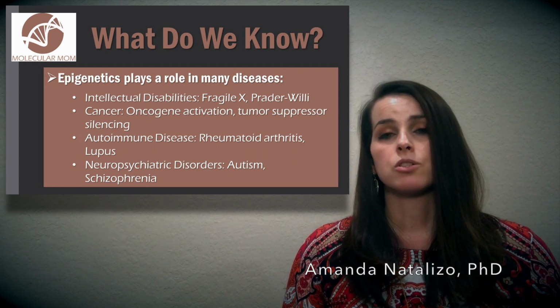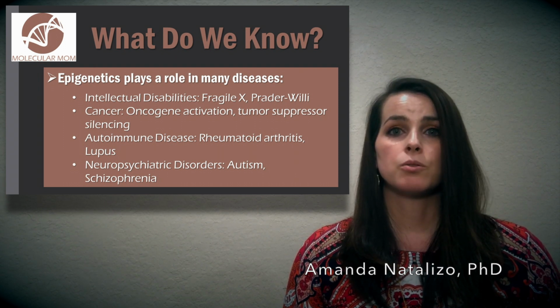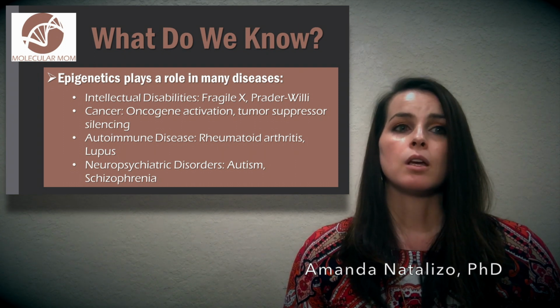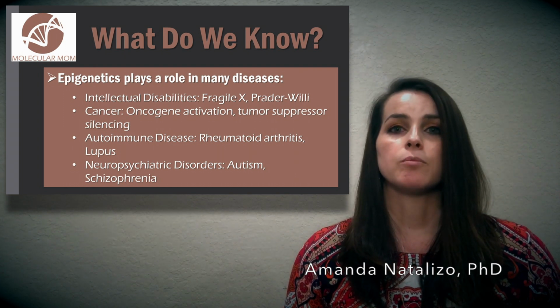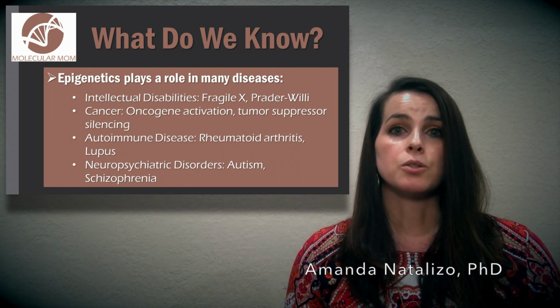Autoimmune diseases such as rheumatoid arthritis or lupus also have ties to epigenetic marks. And neuropsychiatric disorders, such as autism or schizophrenia, as I mentioned before, have epigenetic components to the disease pathology.